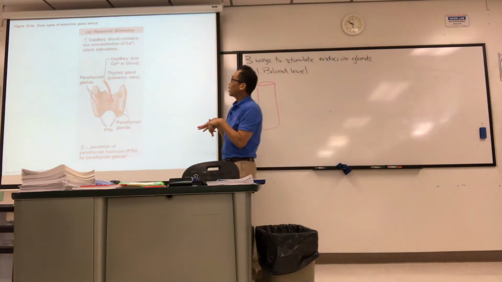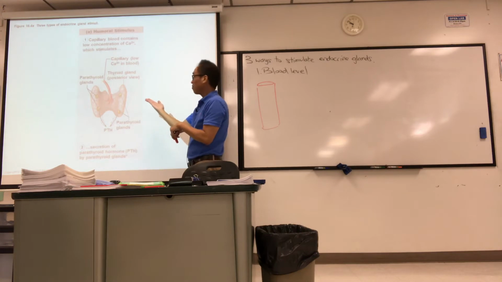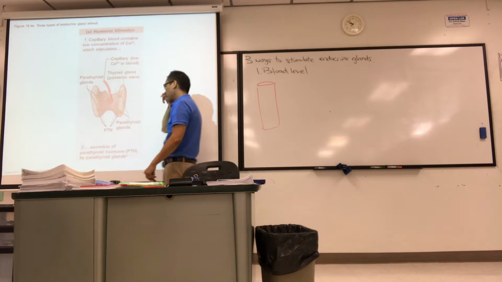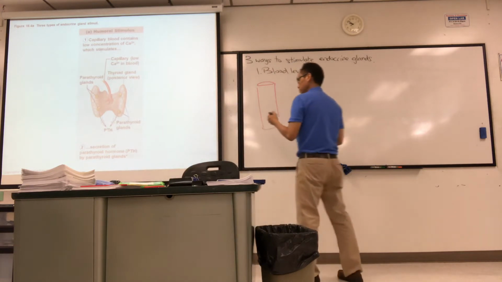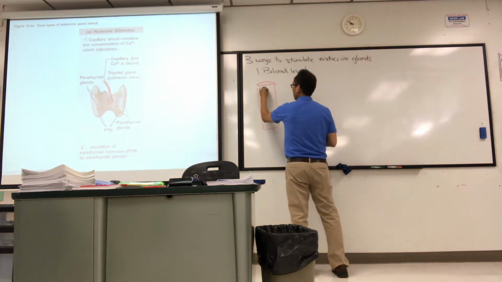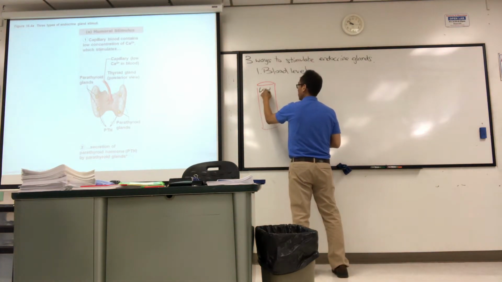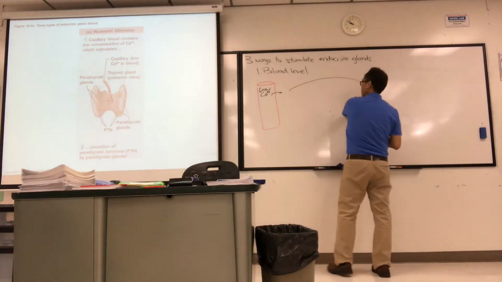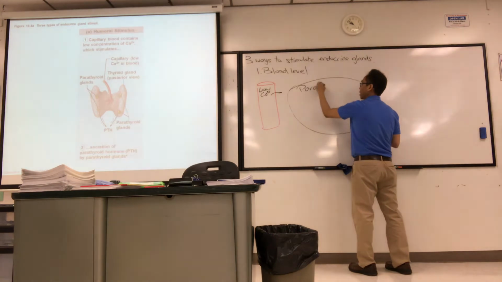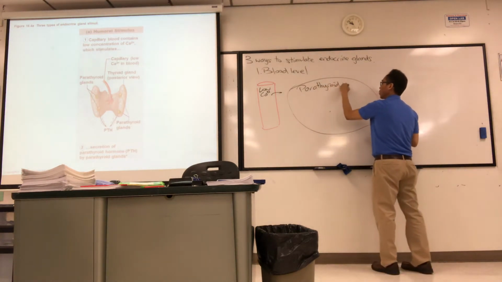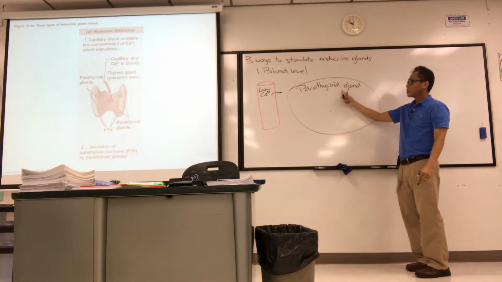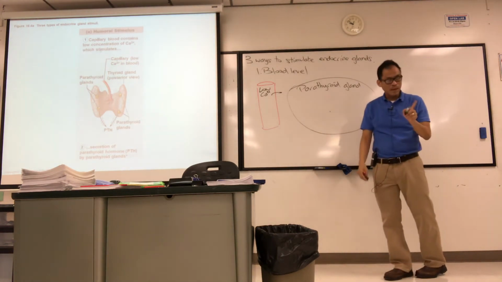If it gets low, that will trigger the parathyroid glands to secrete something. Low calcium levels. The parathyroid gland detects the low calcium levels, so it'll secrete a hormone called parathyroid hormone.